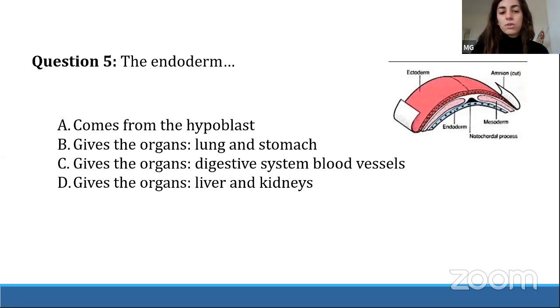So now quite more tricky questions. If you can go to the poll. Oh, there we go. So question 5, the endoderm. Sorry, is the poll working? There we go. I just launched the poll. Okay, so the endoderm, does it come from the hypoblast? Does it give the lung and stomach? Does it give the digestive system?